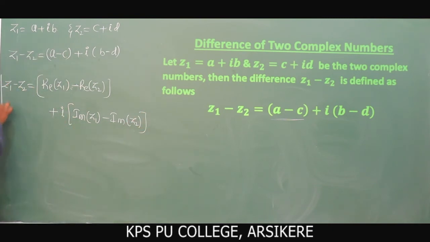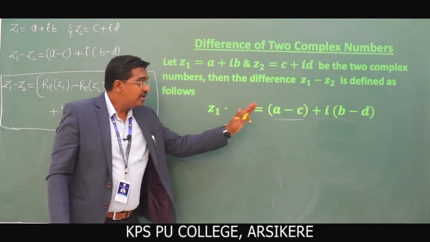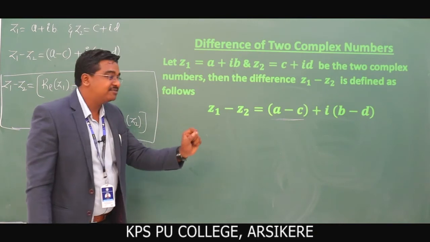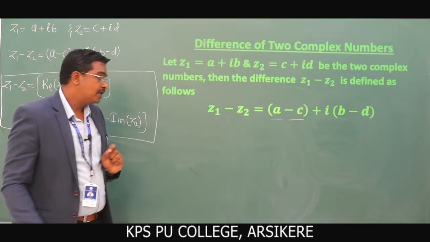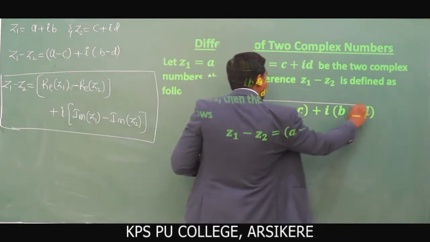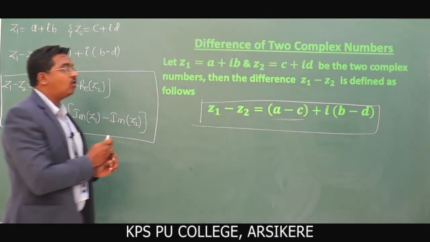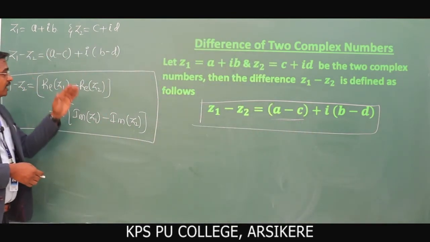This is the method to find the difference of two complex numbers. Therefore, Z1 minus Z2 is equal to A minus C plus I times B minus D. This is the difference of two complex numbers. So please note it down, all the things displayed here.